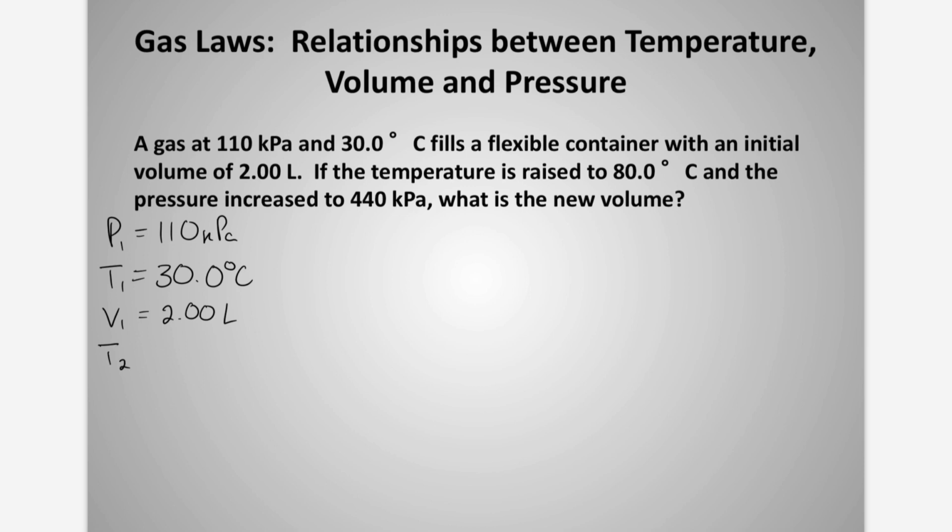They then tell us the new temperature is 80.0 degrees Celsius, and the new pressure is 440 kilopascals. And what we need to figure out is the new volume. Again, before doing anything else, I'm converting my Celsius temperatures to Kelvin.